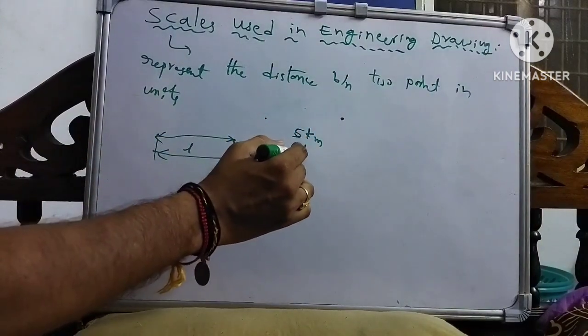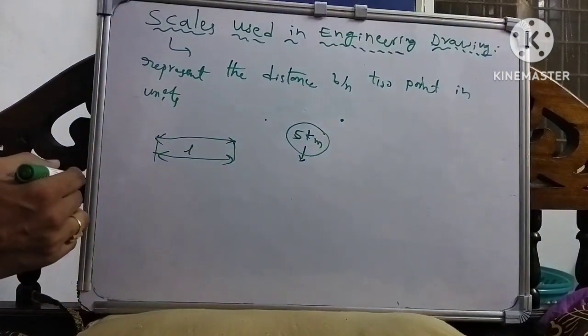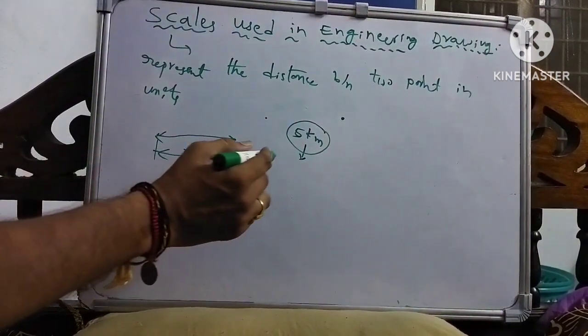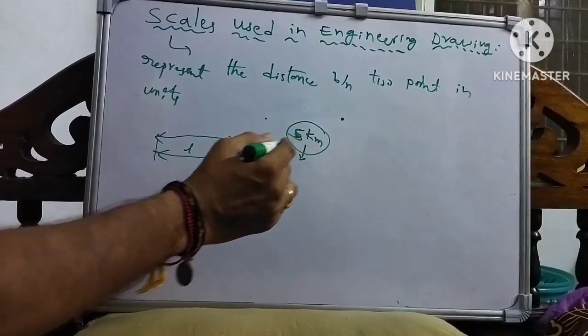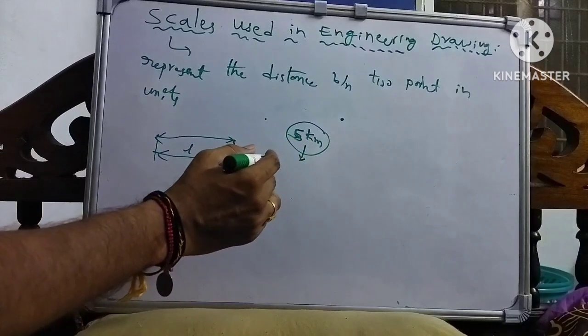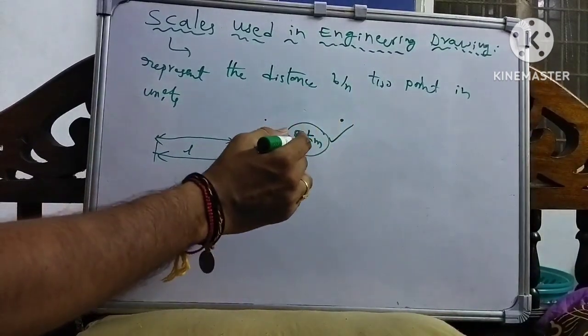Is it possible to represent 5 kilometers on a drawing sheet? Not possible. For example, there is a 5 kilometer bridge. It is not possible to represent this 5 kilometer length on a drawing sheet.